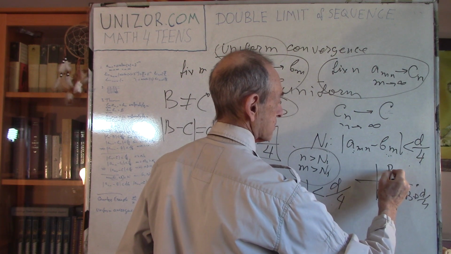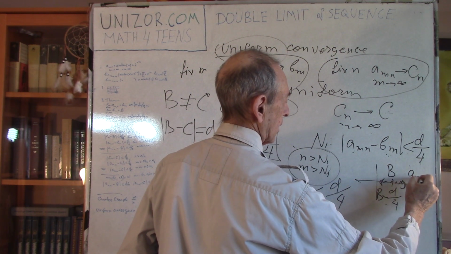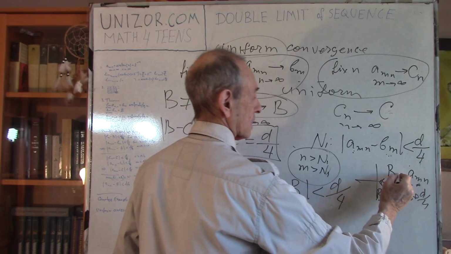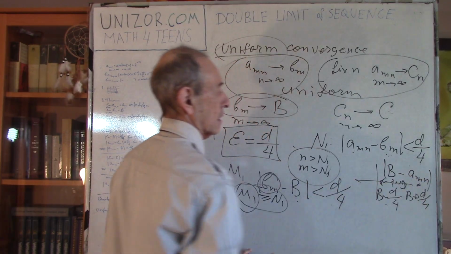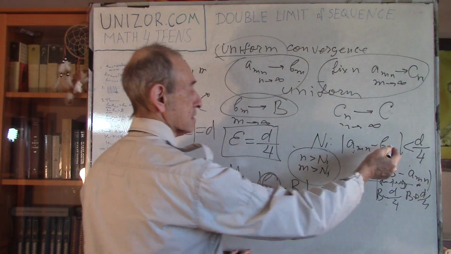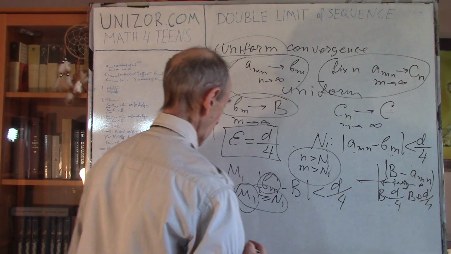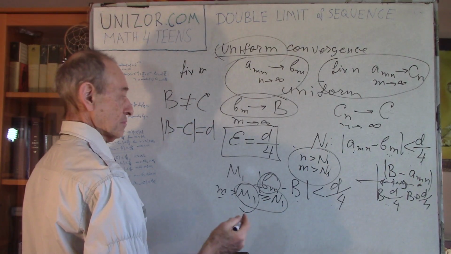So the difference between b and a_mn is definitely less than the sum of these two differences, right? What does it mean?